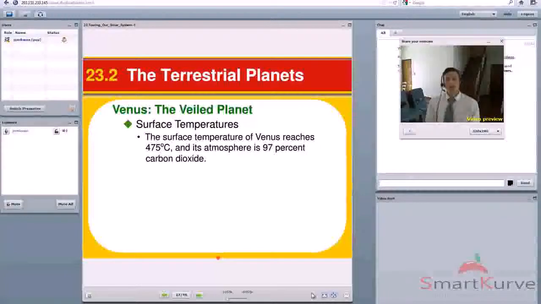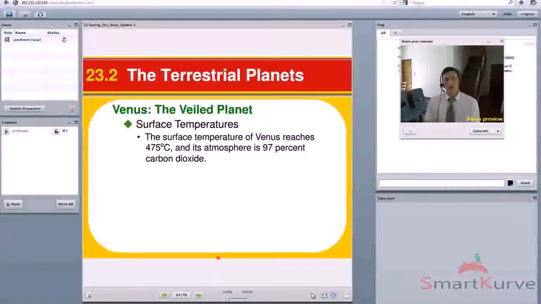On slide 18, Venus is similar to Earth in size, density, and location in the solar system. Thus, it has been referred to as Earth's twin. Venus could be called our twin, but it's probably more like our evil twin, because with that atmosphere that's 97% carbon dioxide, we can see here it's covered in thick clouds that visible light cannot penetrate, which means light from the sun, the light that we can see, cannot even reach the surface.